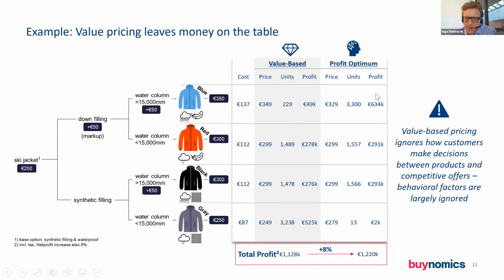And we found that there's a different price setting that essentially has a bit lower price here for the top product, a bit higher price at the bottom product, and that led to an 8% more profitable portfolio in this case. So this is something that these concepts are lacking, so they don't guarantee optimization.